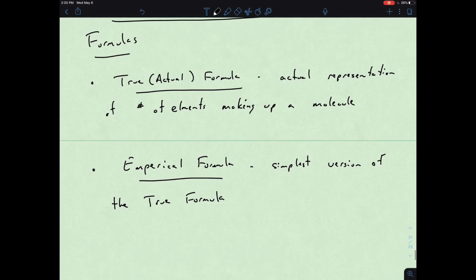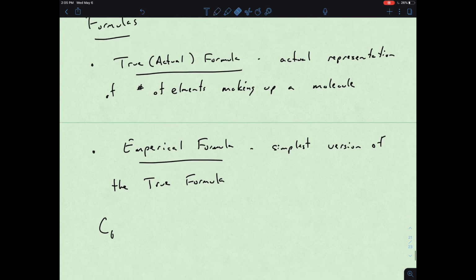So you could have sugar as C6H12O6. So this could be the true formula. And then we have the representation of CH2O.